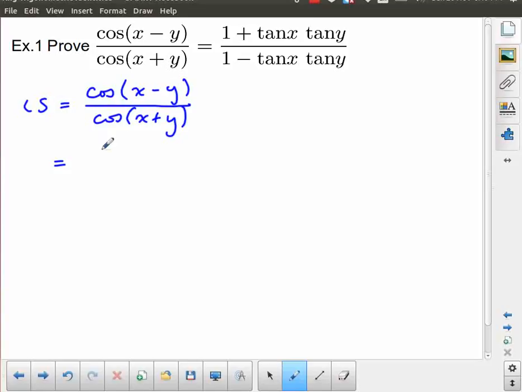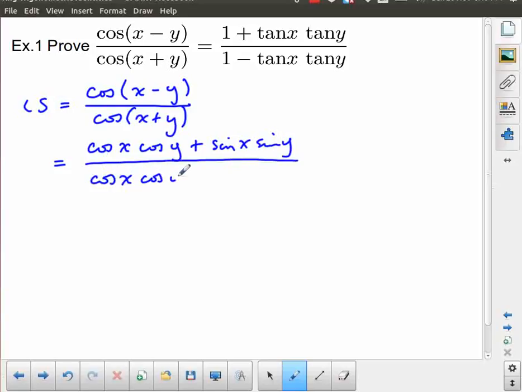Cos of x minus y, that's cosine x cosine y, minus here becomes plus here, sine x sine y, over cos of x plus y, which is the cosine of x, the cosine of y. This plus becomes a minus, sine x sine y.